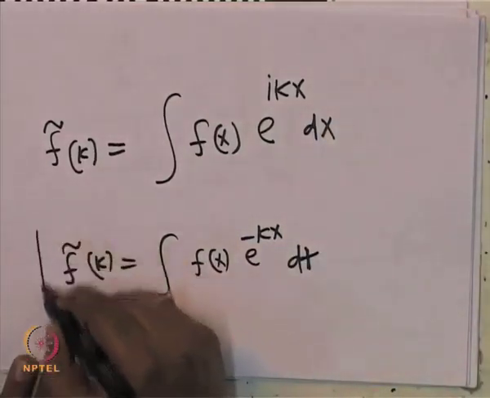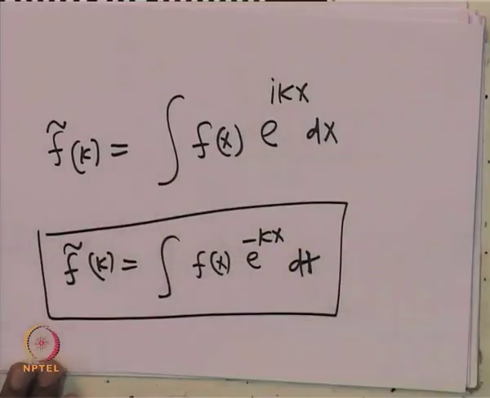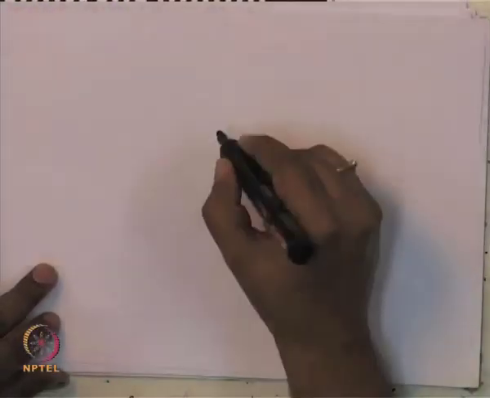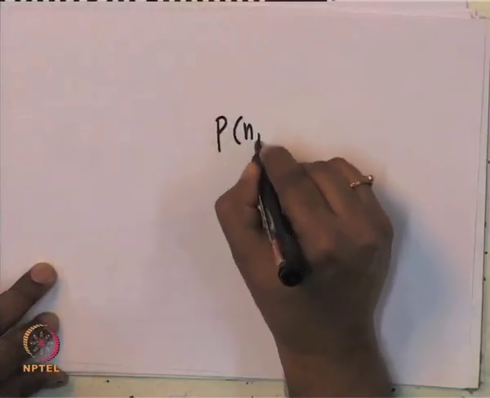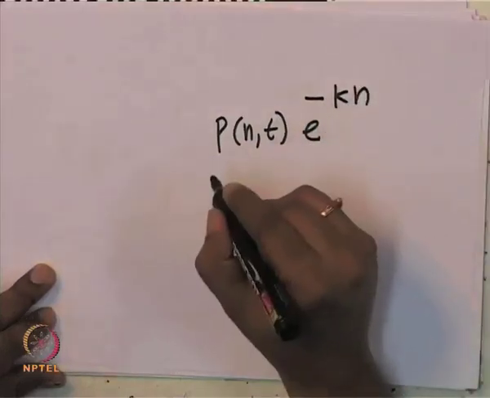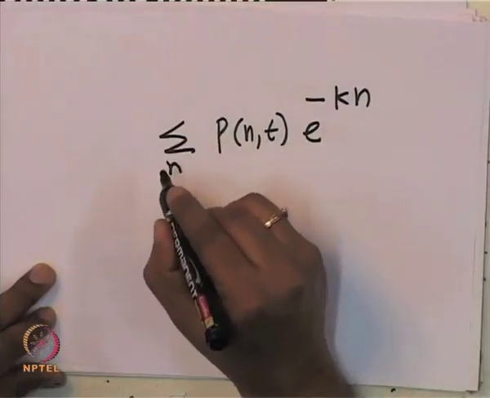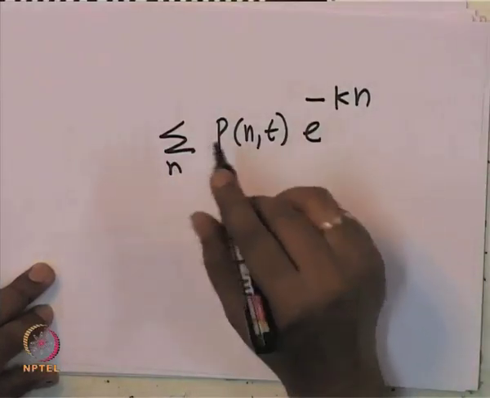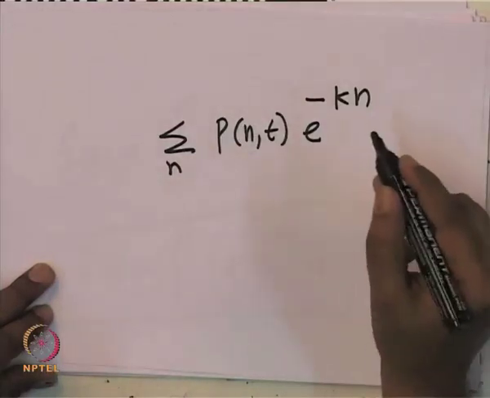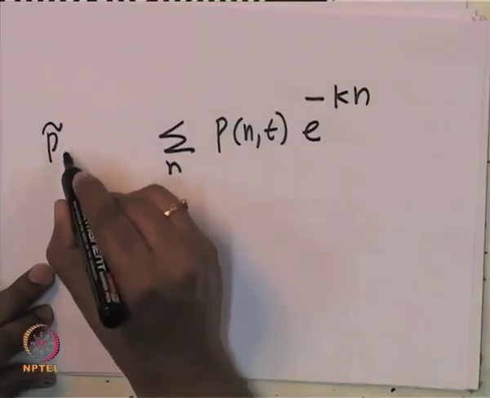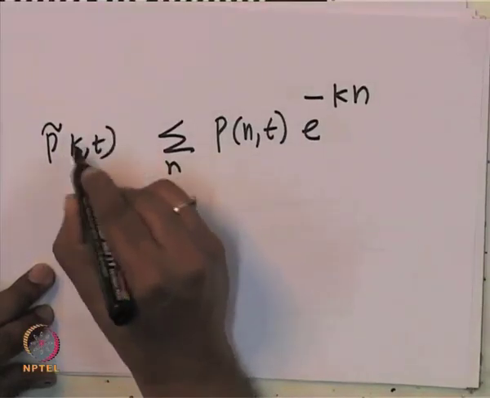So, today we will use one such transformation, similar to this, a discrete version of this. So, we have p n of t. We say that the sum over all n of p of n comma t e power minus k n, like let us say from minus infinity to plus infinity, whatever be the range of n, we define as p tilde of k comma t.